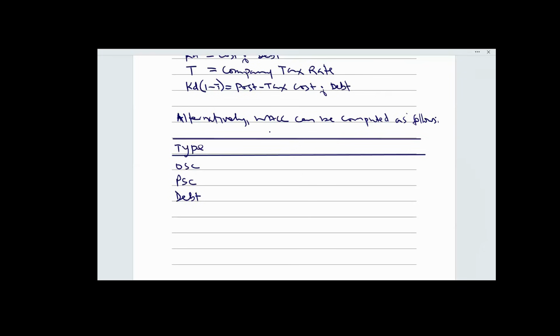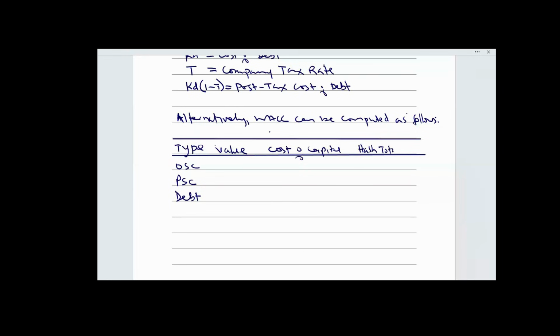Then after that, determine the value, whether it is book value or market value. Then the cost. We create a column for cost of individual capital that you have calculated. Then you have hash total.